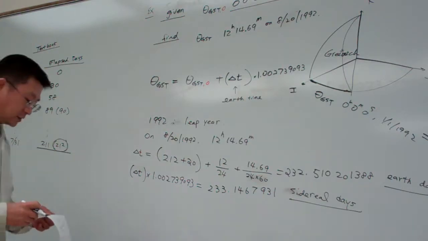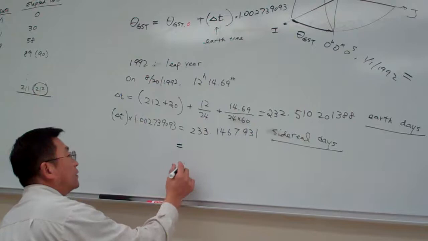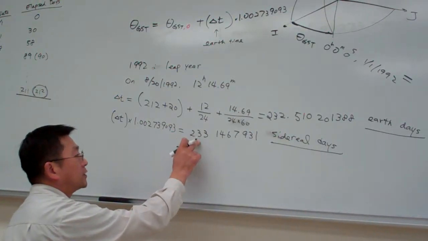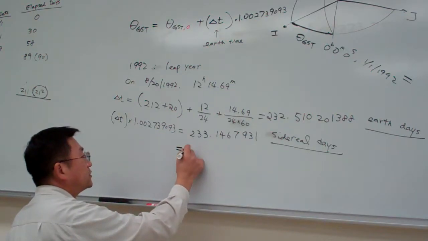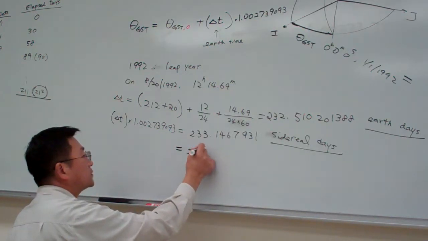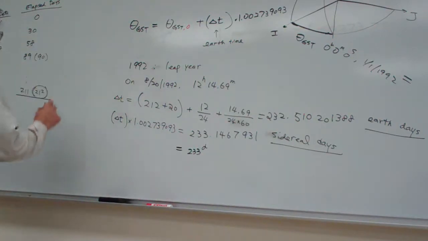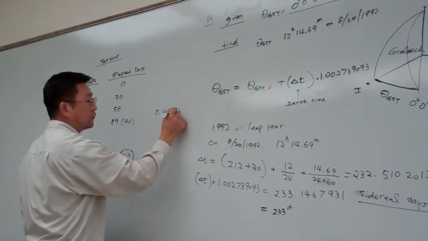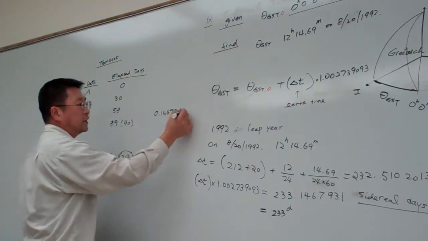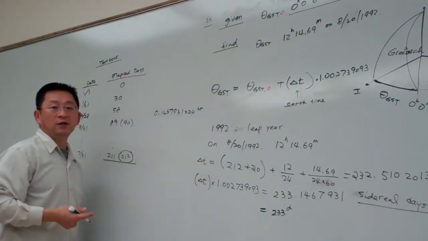So if you convert it, we can continue. I want to convert it into days, hours, minutes, and seconds. So these are 233 days, right? And then the portion, here is my side calculation: 0.1467931, that is the number of days. I'll multiply with 24 hours, and that will give us the hours.